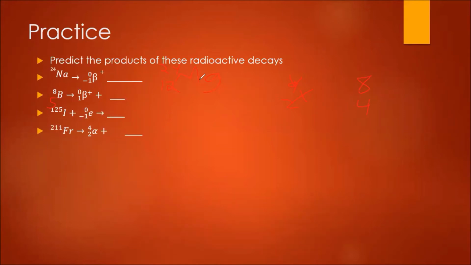Now, what element has the atomic number of 4? Beryllium, I think. So I am determining my element by my atomic number.